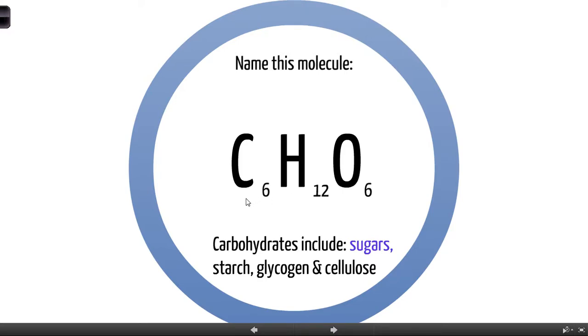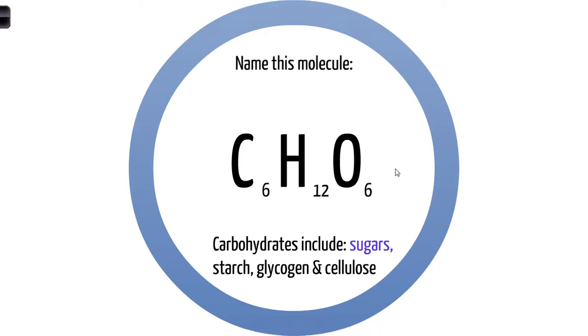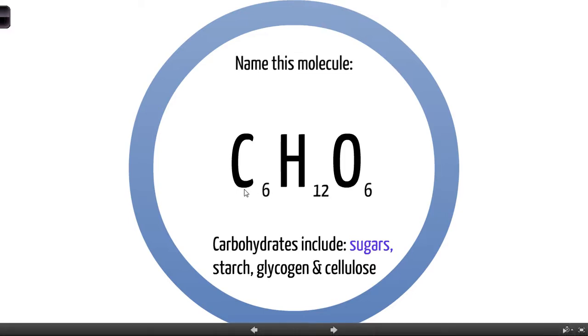If it contains oxygen, the ending changes to -ate. So you've probably looked at things like copper sulfate, CuSO4, copper, sulfur, and oxygen, so it becomes copper sulfate. So this ending here, if we look at it, carbon hydrate, carbohydrate.